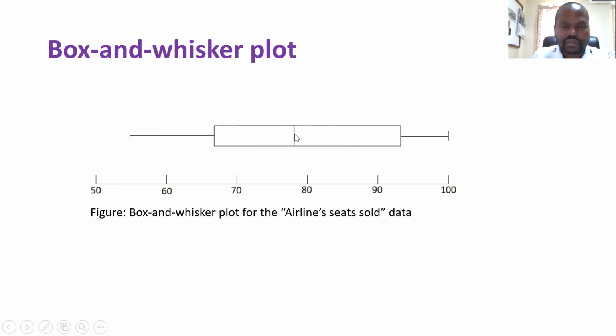Then 50% of the data lie below the median or the second quarter. 75% of the data lie below the third quarter. Now, if we take the first and third quarter, 50% of the data lie here, because 25% lie above the third quarter. So 25 and 25 below is another 50.